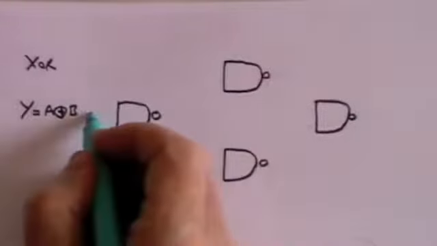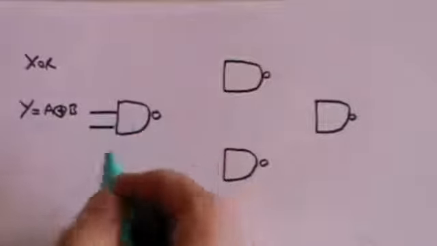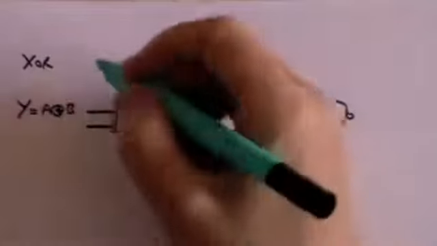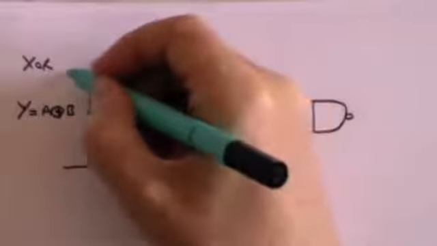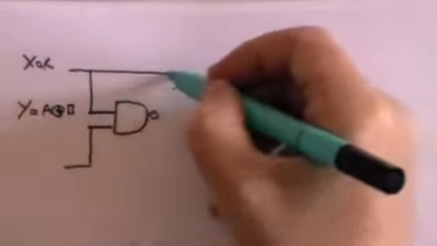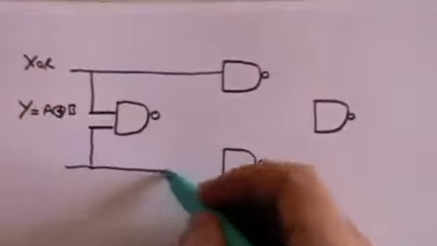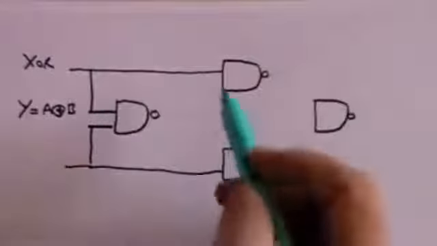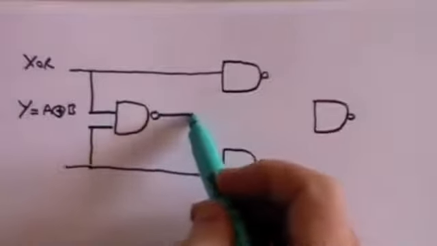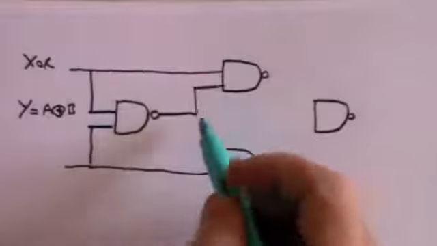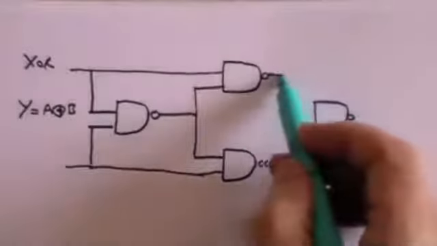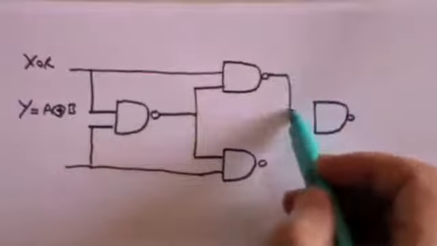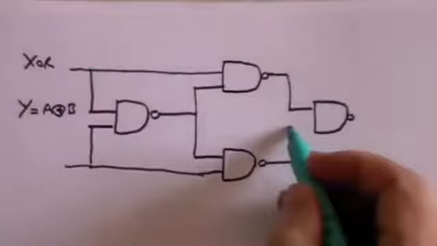Here is the input. Well, actually the input is going to come here. And we're going to split the input like this. The output that comes from this NAND gate becomes the input for this NAND, or these NAND gates, and then the output from those NAND gates become the input for this NAND gate.